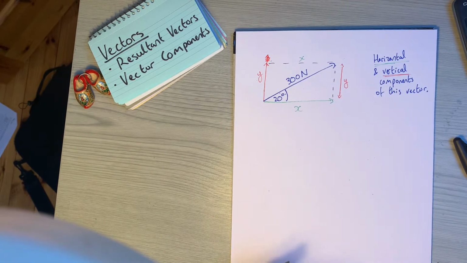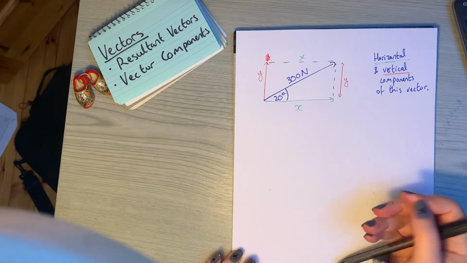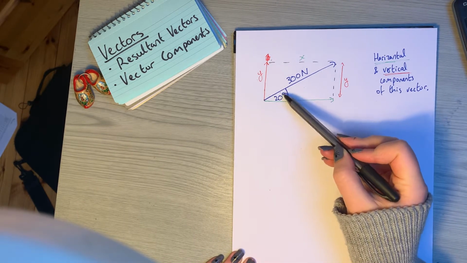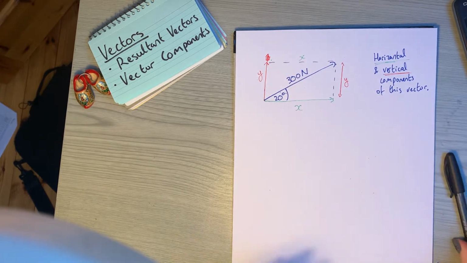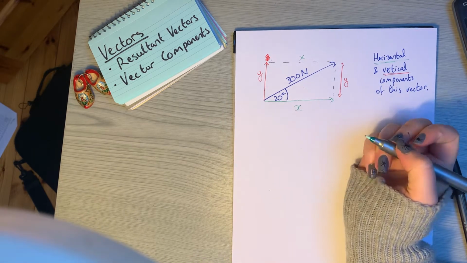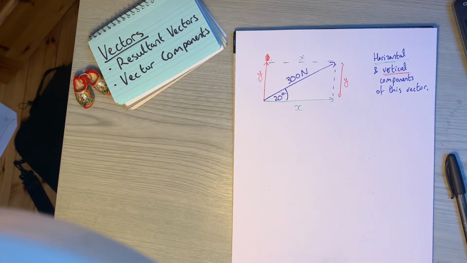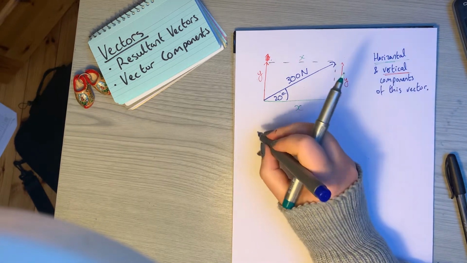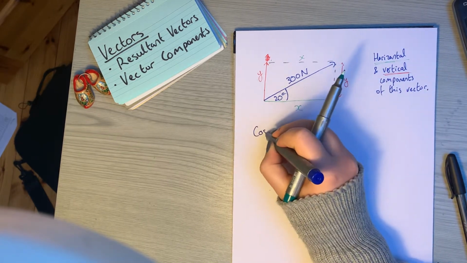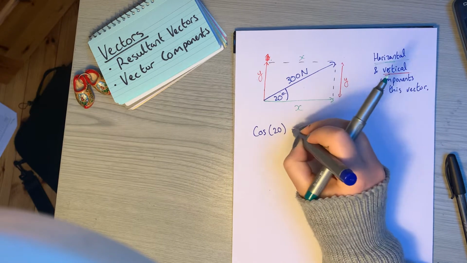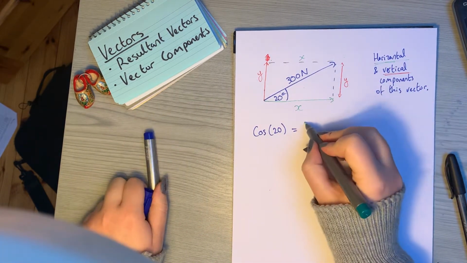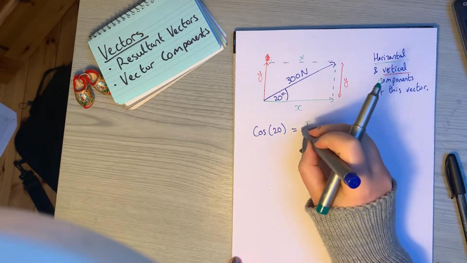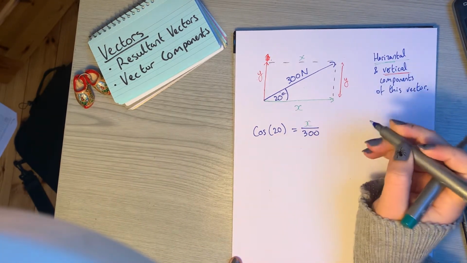And we'll use our trigonometric functions again. So in this case, you have to work with the angle and the hypotenuse, which is 300 newtons, or your original resultant vector. So let's find X first. We know that cos of 20 is equal to the adjacent side, which would be your horizontal component, that's X, over the hypotenuse, which is 300.